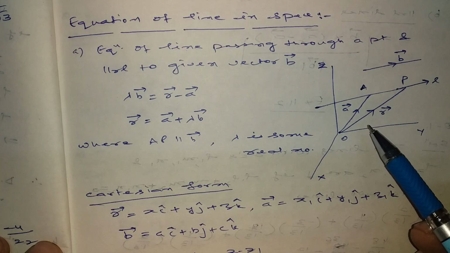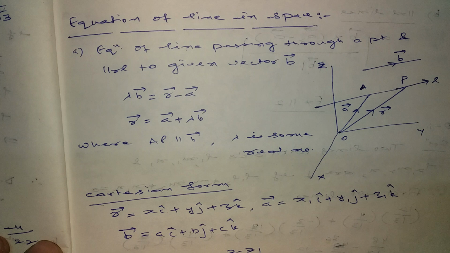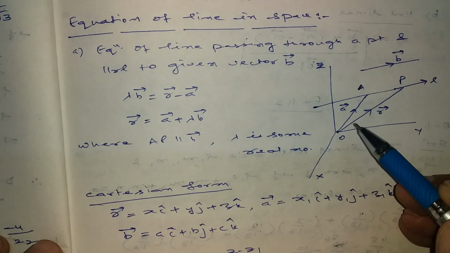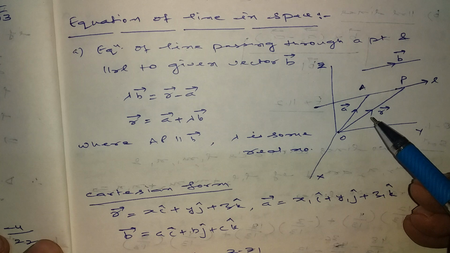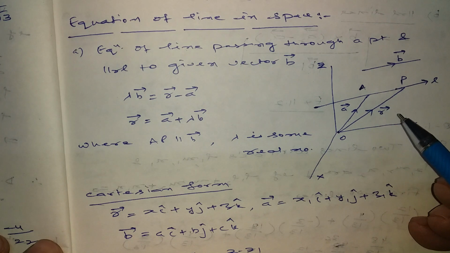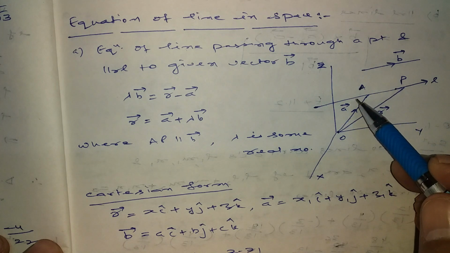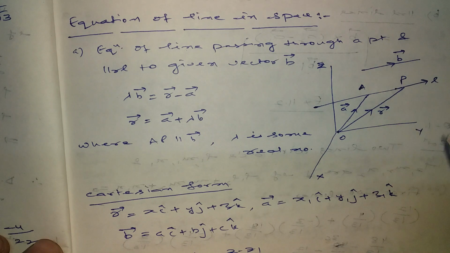Now suppose a is the position vector of a given point A with respect to the origin, in the rectangular coordinate system, and let l be the line which passes through point A and is parallel to the given vector b. L is a line which passes through point A and is parallel to vector b.